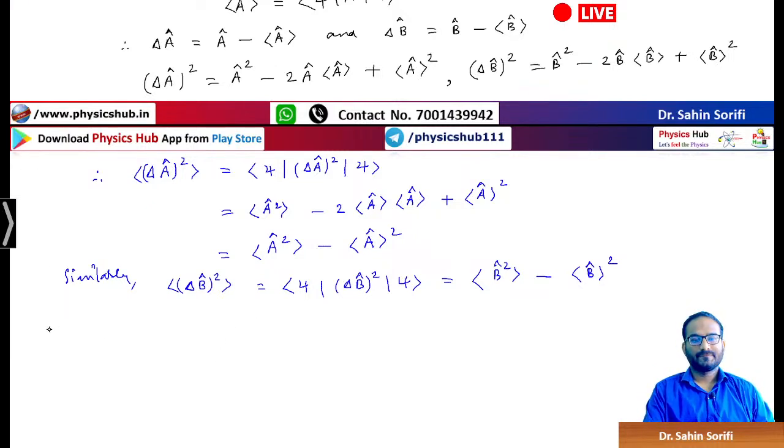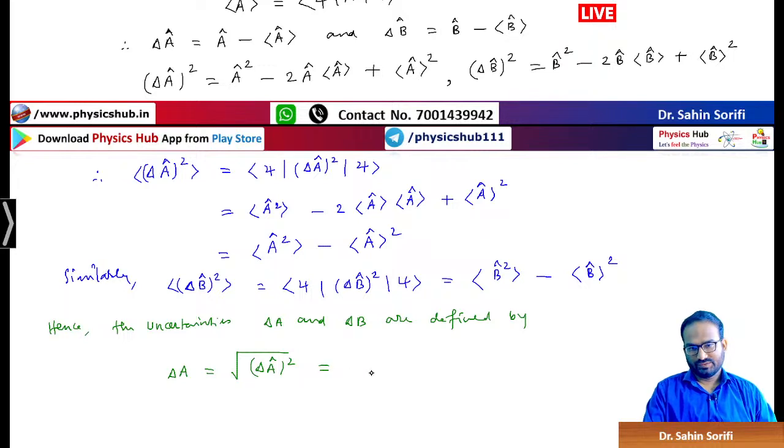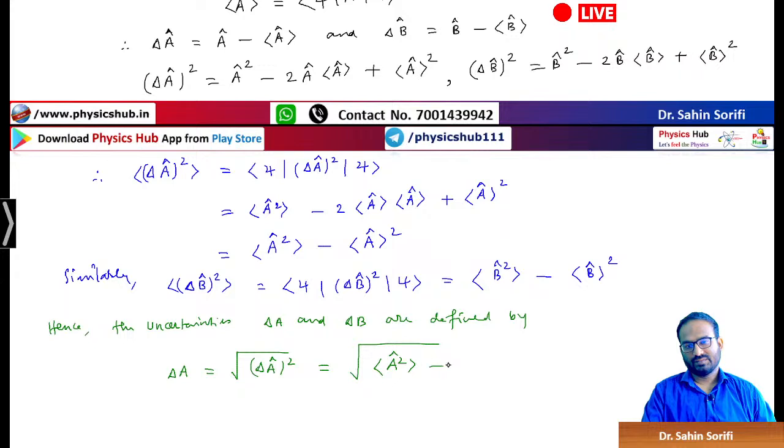And hence the uncertainties delta A and delta B are defined by. So what will be the uncertainty delta A? Delta A will be the square root of delta A square. So it is nothing but the square root of A square average minus A average square.